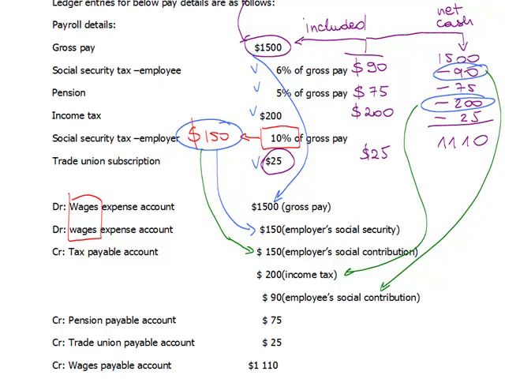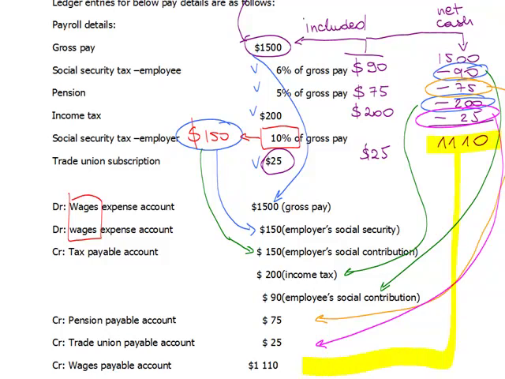Now, pension is paid separately, so that pension contribution is payable to a pension plan. What we've got left is the trade union subscription, and finally, whatever is left goes to the employee.